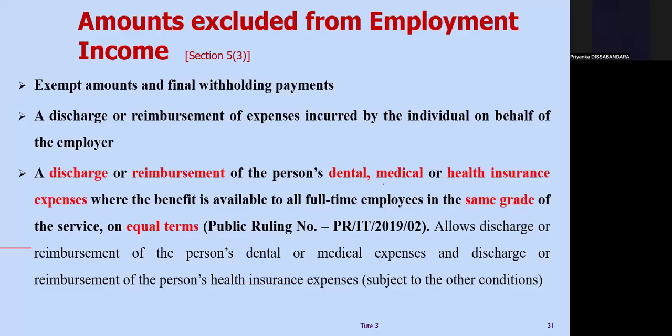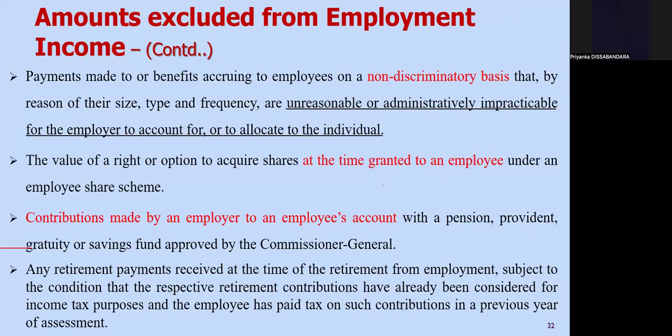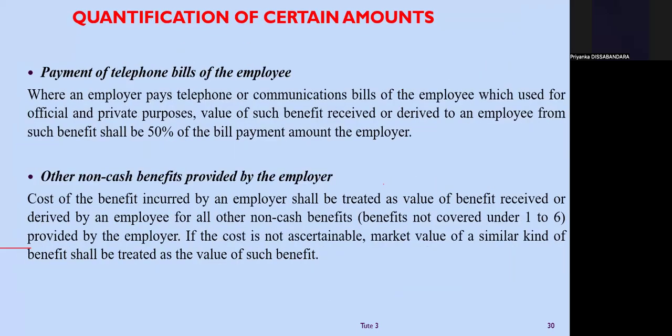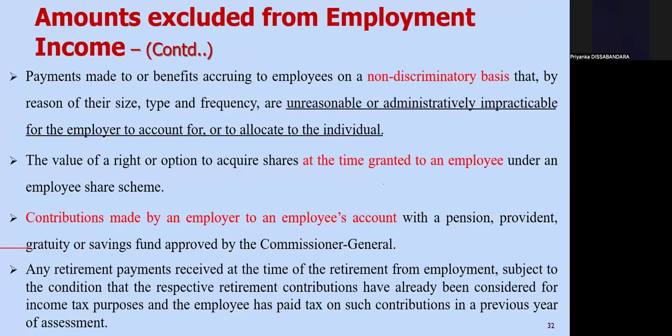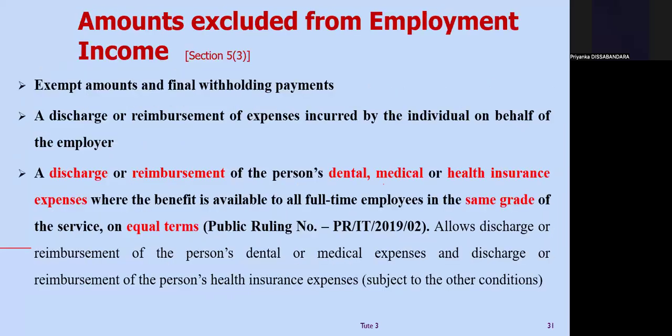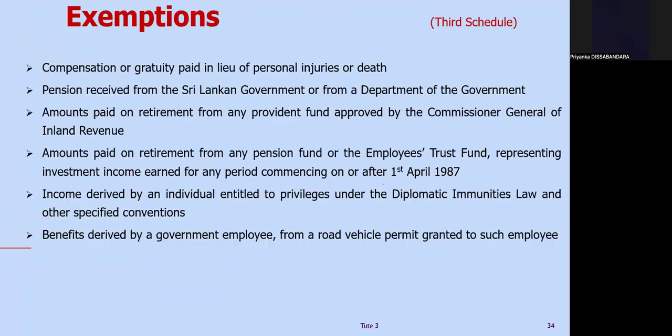About the exempt amounts in relation to the employment income. So what are the exempt amounts? Exempt amounts are compensation or gratuity paid in lieu of personal injuries or death.